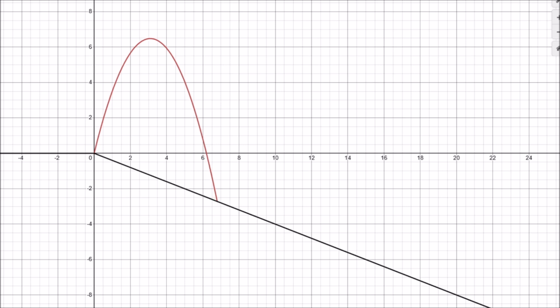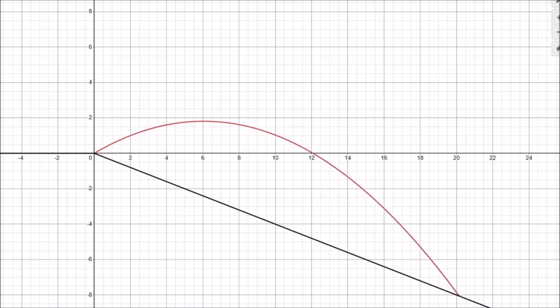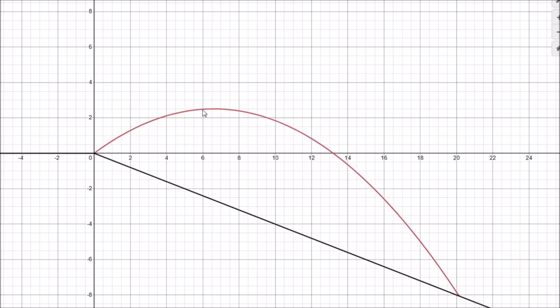Likewise, if we kick the ball at a relatively shallow launch angle, then the ball also isn't going to go that far. But if we kick the ball at a launch angle between that, as you can see about right here, the ball will end up going a maximum distance.